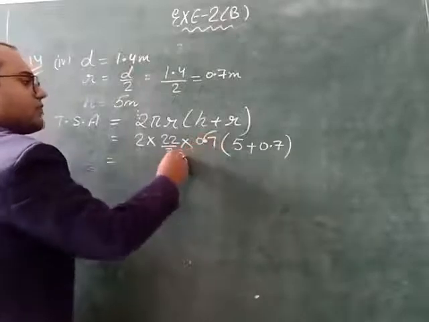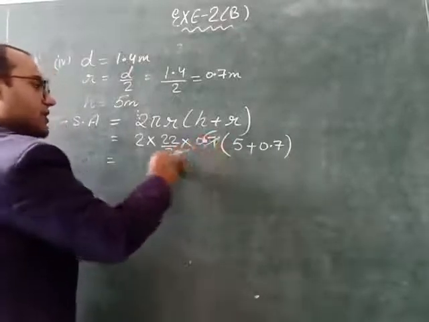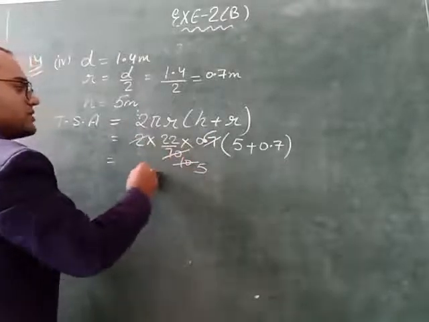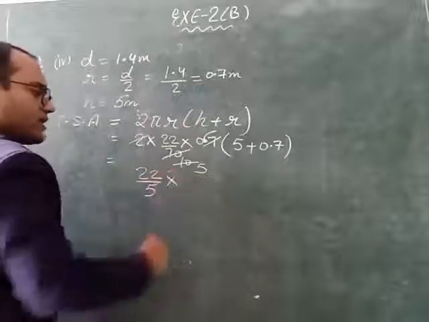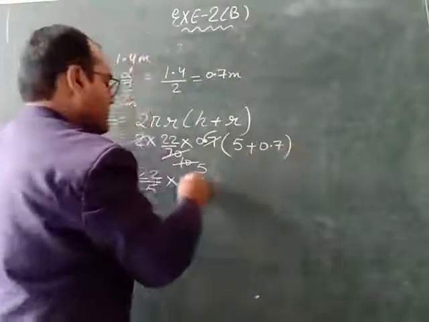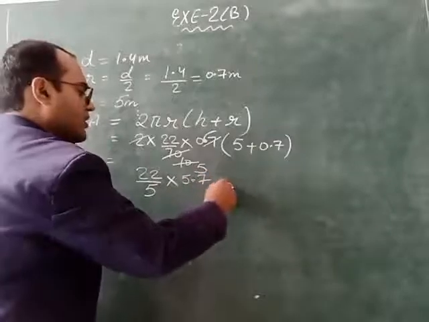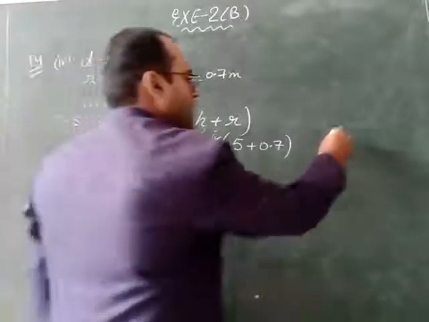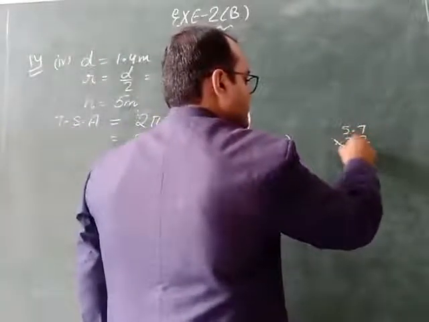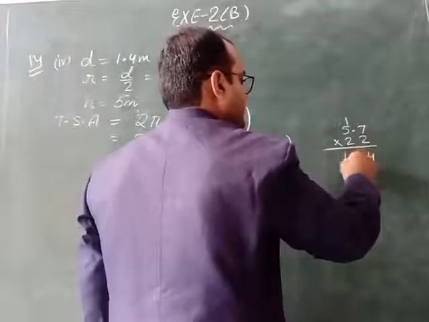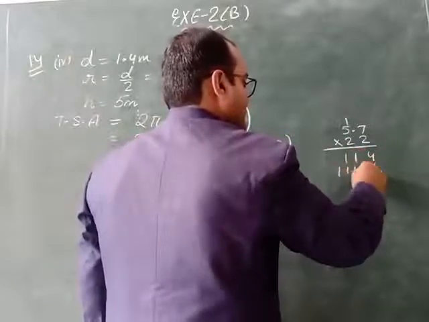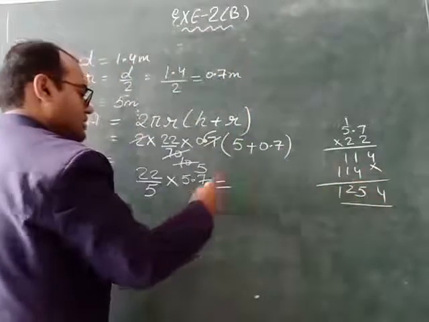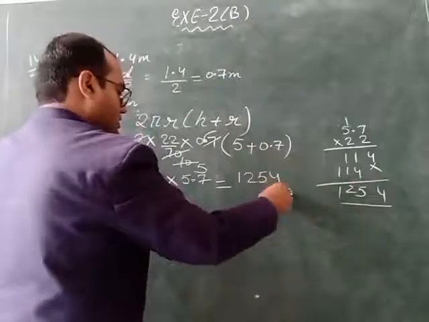On removing the point, we will take 0 here. 7 times 10 is 70. So 2 and 10 will also get cancelled 5 times. So 22 upon 5 multiplied by 5 plus 0.7, which is 5.7. Now we will multiply these two, 5.7 and 22, which gives 125.4 upon 5.